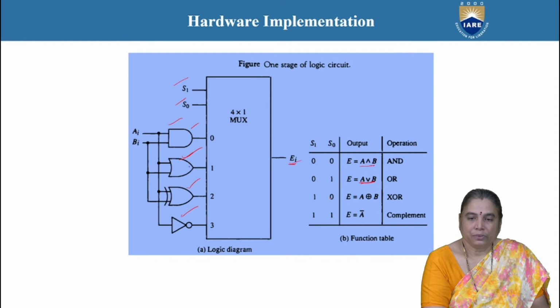Next, in case of 1 0, the exclusive OR gate is activated, exclusive OR is applied to A and B, and the output is represented in E. In the fourth combination, when S0 and S1 are 1 1, the complement or NOT gate is activated and the output is represented in E. In this way, the logical micro operations can be represented. So this is the one stage of the logic circuit which performs the logic micro operations.